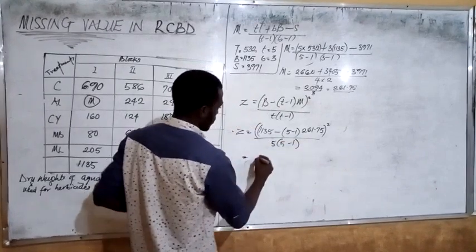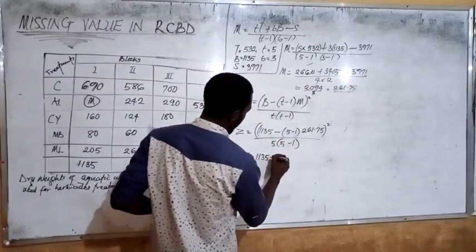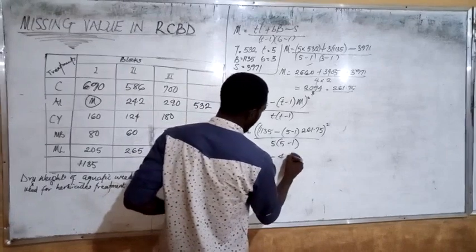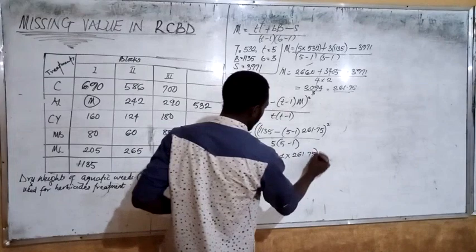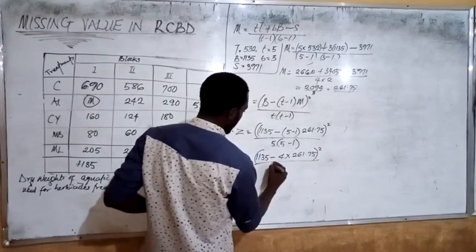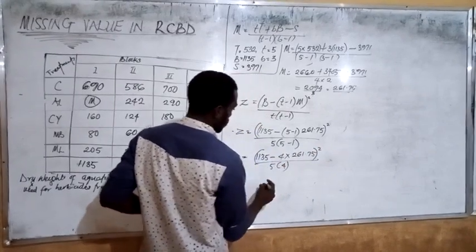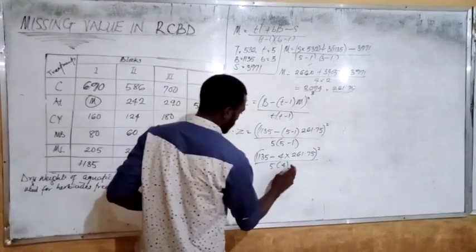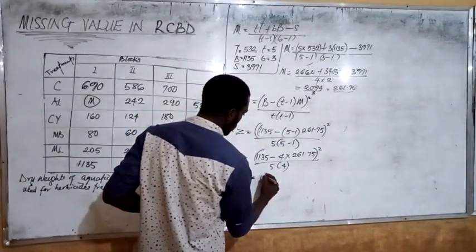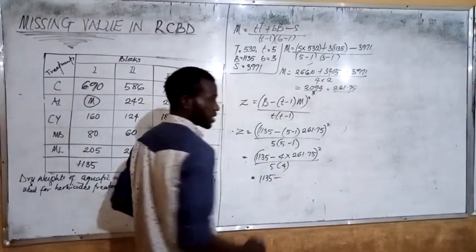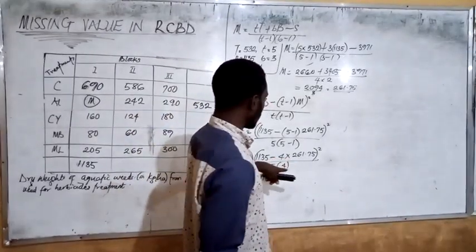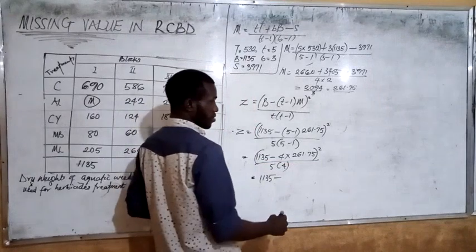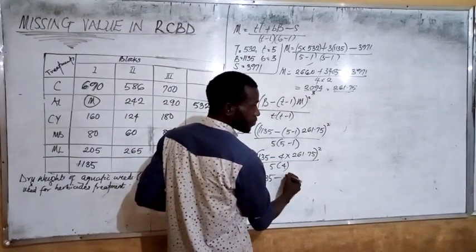Alright, so we'll have 1135 minus 4 times 261.75, all squared, all over 5 into bracket 4, which is 20. Because 1135 minus 4 times this. 4 times 261.75.